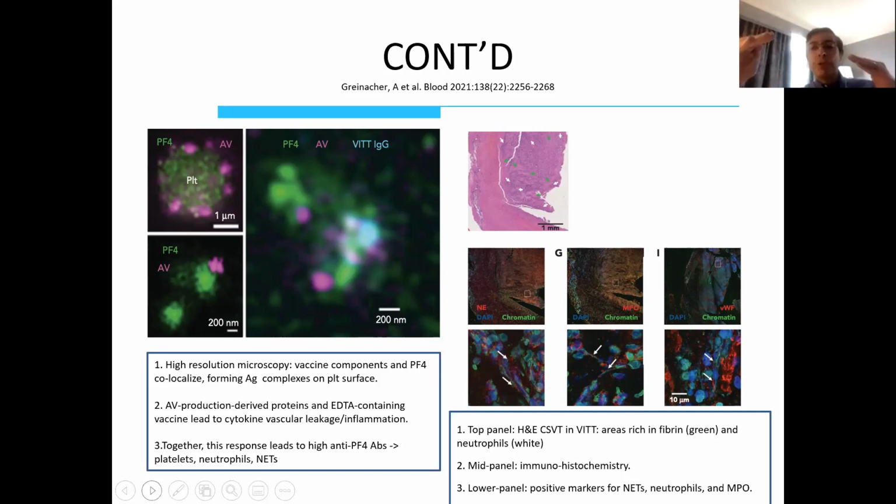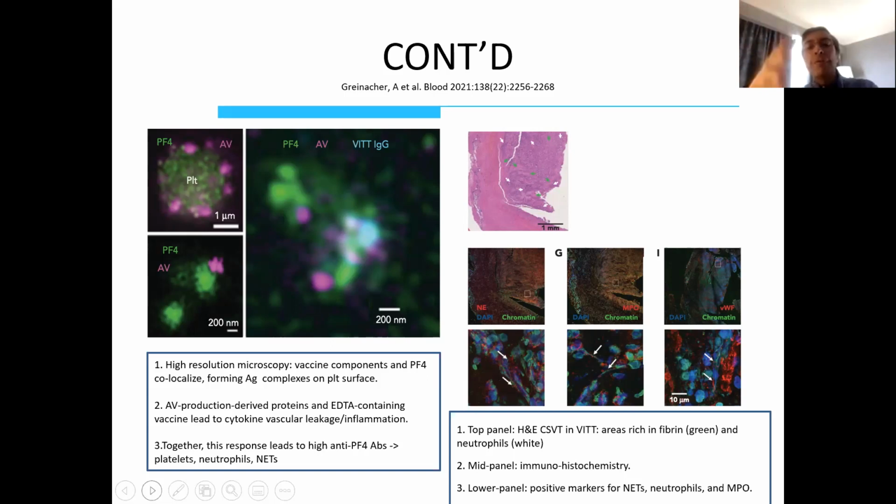And if you put together the hyperinflammatory response with the newly created immune response, the antibodies against platelet factor 4, which come because the epitopes provided by the adenovirus-based vaccine trigger them, you have an over-the-top response against platelet factor 4 mediated by this type of vaccine.